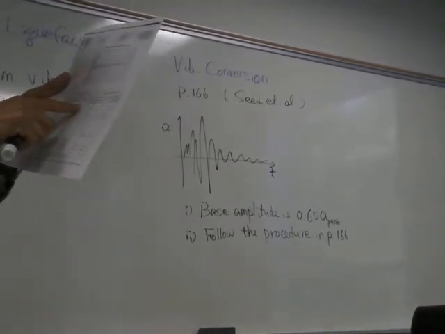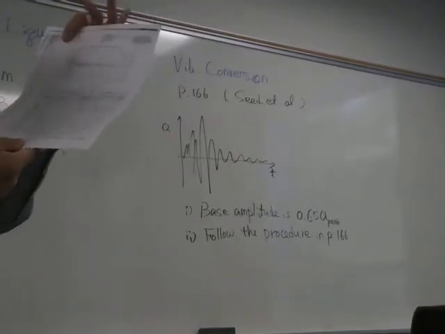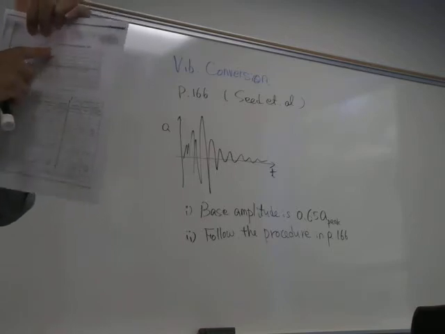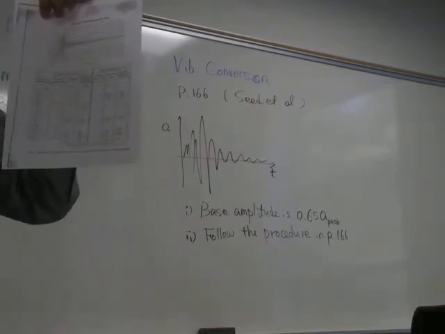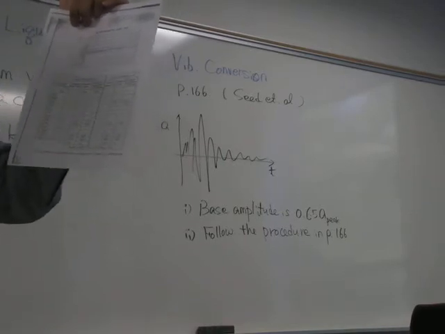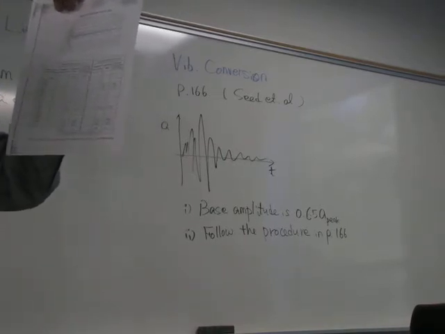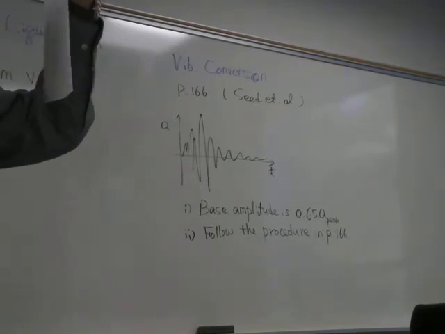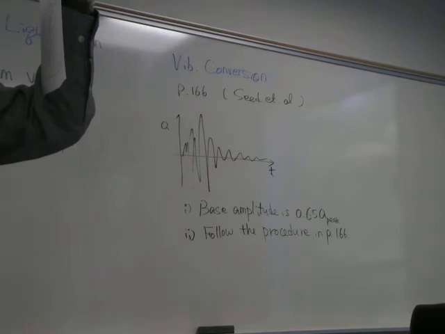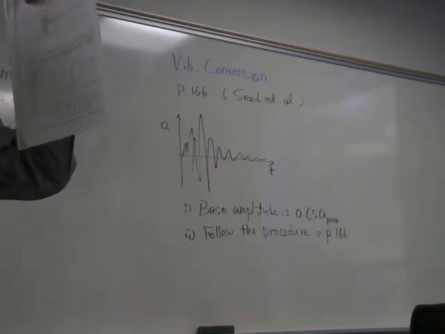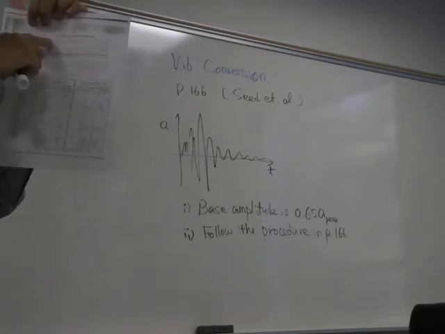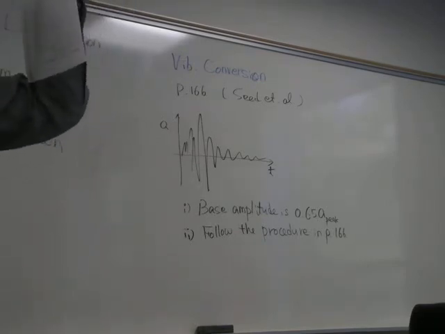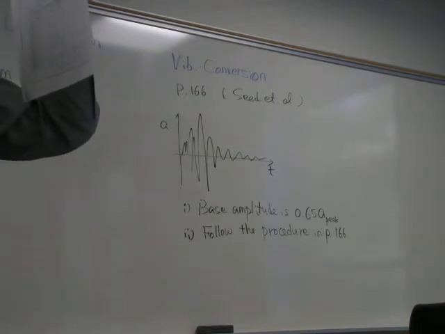Then try to find out the acceleration that is 95% of the peak acceleration. How many cycles do we have below 95%? 95% of the peak acceleration should be somewhere around 0.095, right?